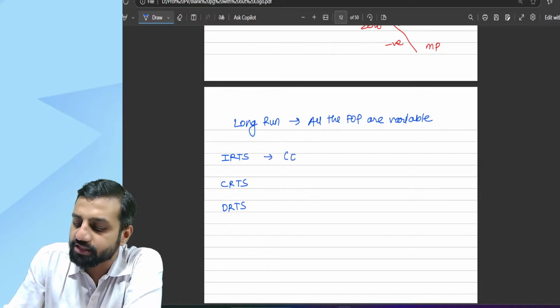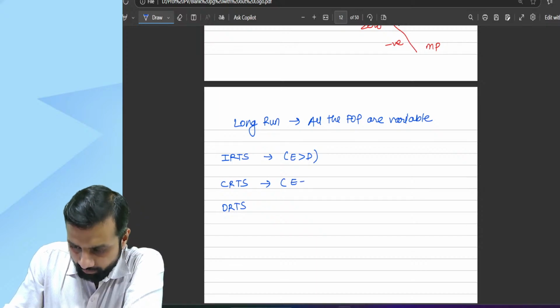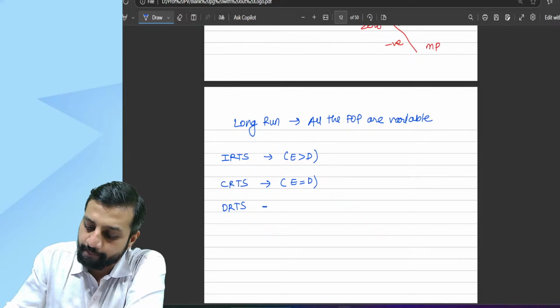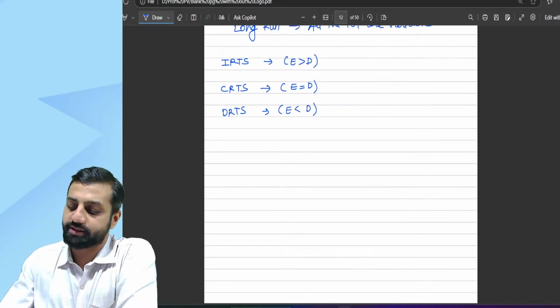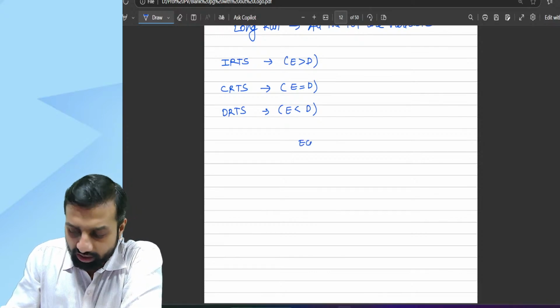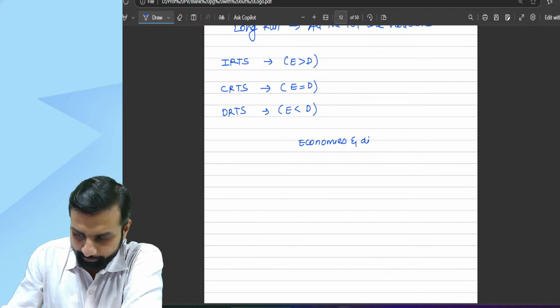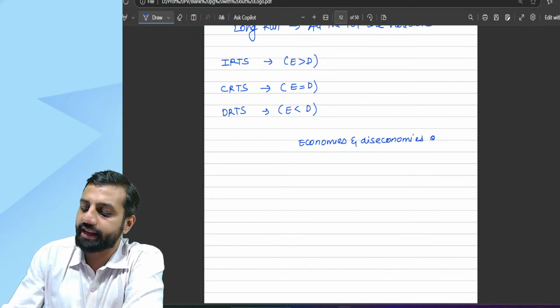In IRTS, we say economies are greater than diseconomies. CRTS, economies are equal to diseconomies. And DRTS, economies are less than diseconomies. So the question comes, what are economies and diseconomies of scale.